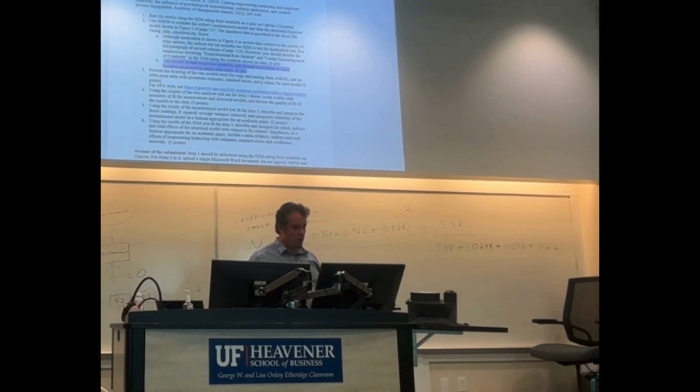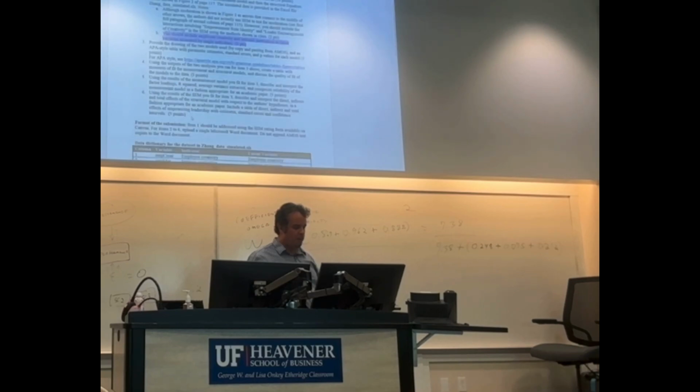So you do the drawing, provide the outputs, and all of this is rerunning, but then you have to provide tables and also interpret them. So factor loadings, R-squared, average variance extracted, composite reliability, which is what I showed today, instead of Cronbach's alpha.